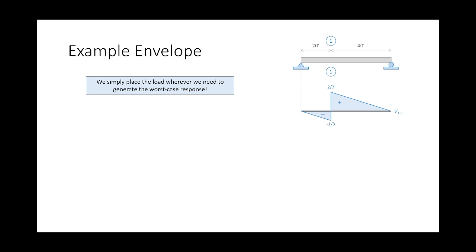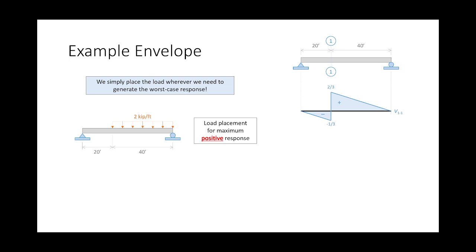So watch up here. Here's the example beam. Here's the influence line. Where would I place the load to generate worst case positive shear? I place it here. Everywhere that there is positive ordinates on the influence line. So this is where I would place the load to generate the worst case shear right there. And what is that shear?